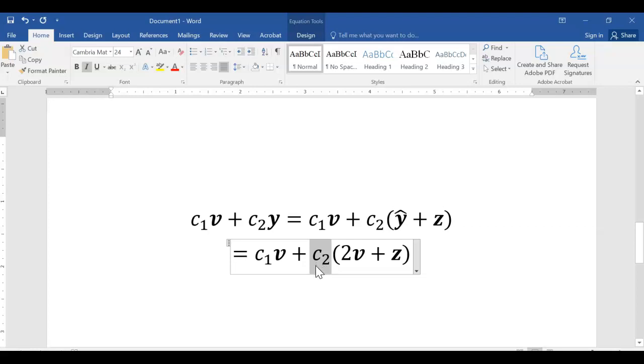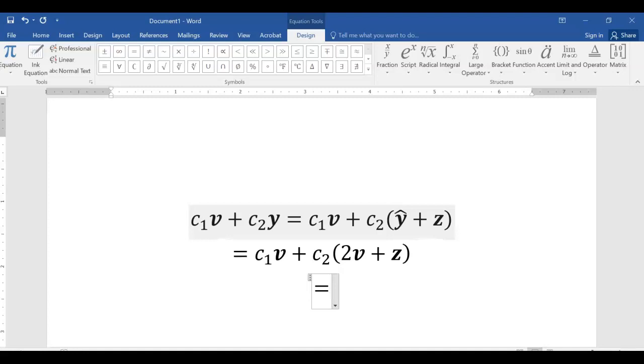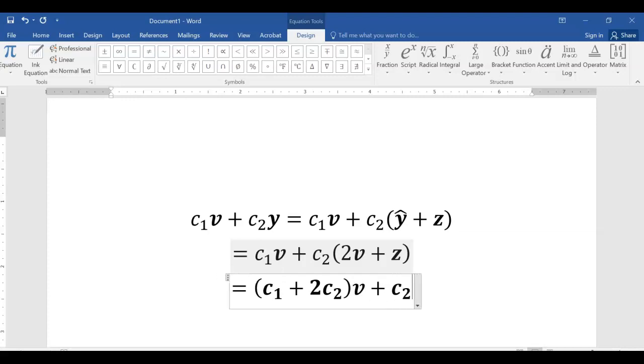And then if we distribute c2 and regroup, what we see is that c1 plus 2c2 are all being multiplied times my vector v, and then c2 times my vector z.